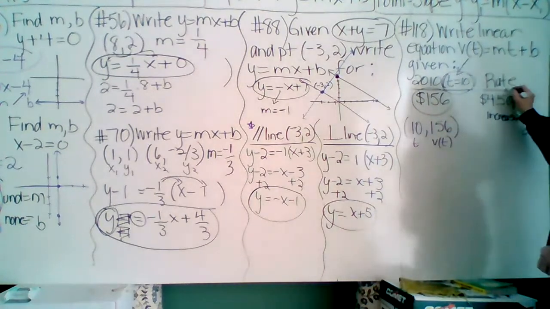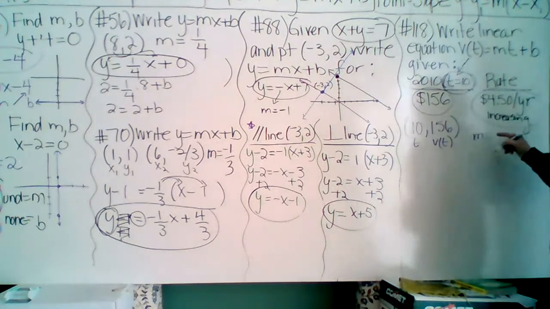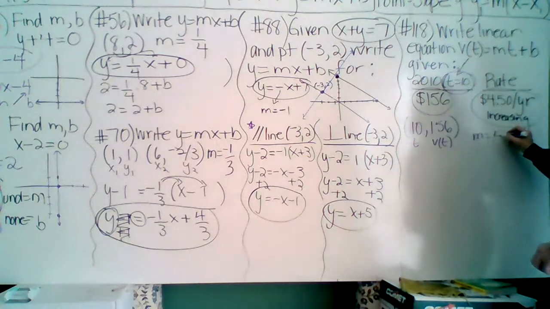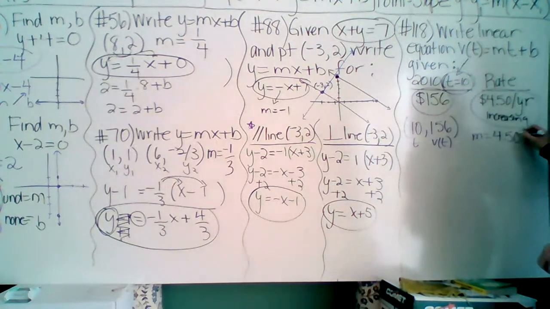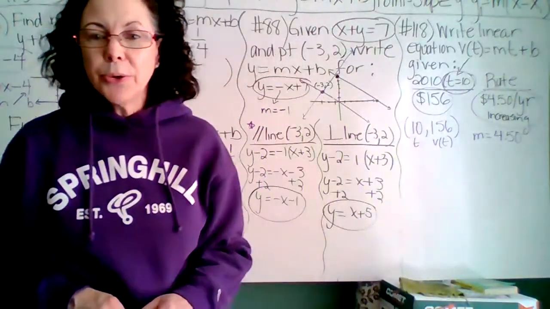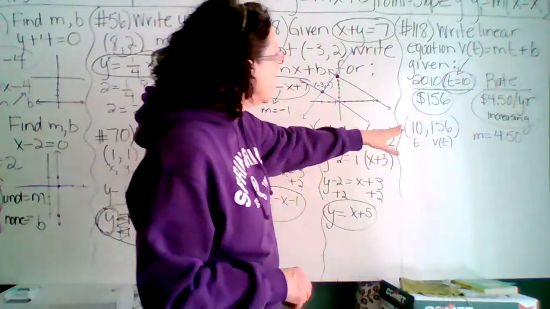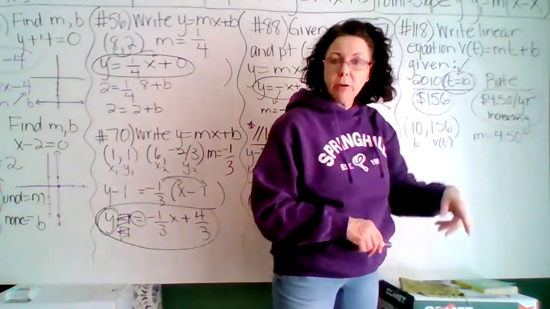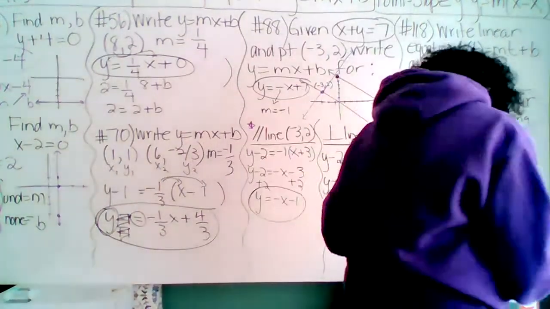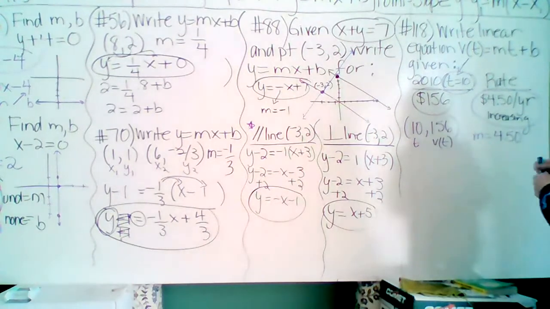Okay, and they gave you a slope when they said that for every 1 year it's increasing $4.50. So what am I going to do? I am going to use point slope form. You can use their form right here and work out your b. You're welcome to do that, but I am going to use the point slope form because that's what I have, a point and a slope.